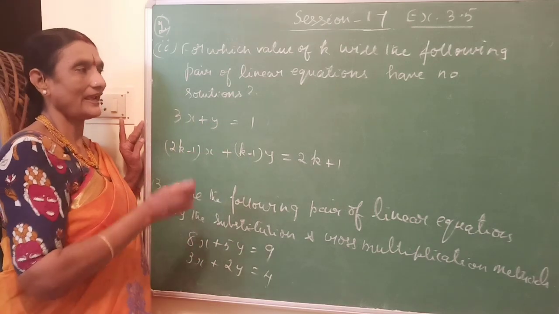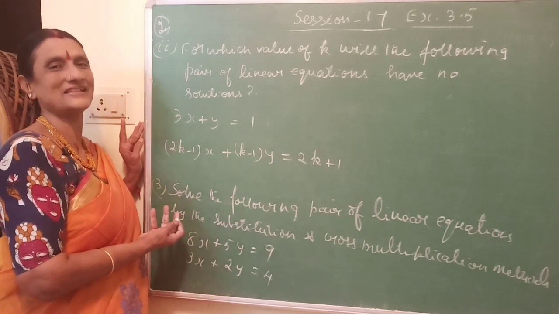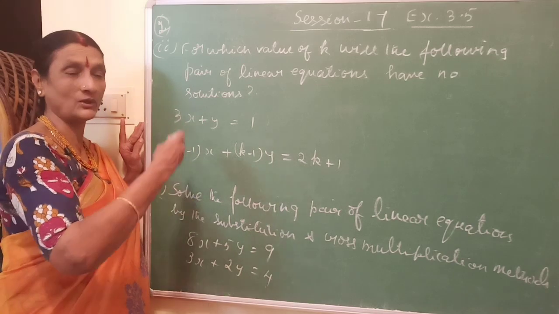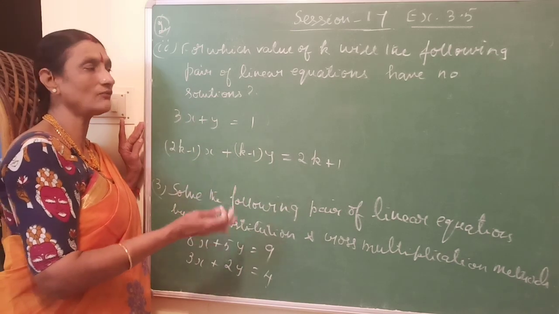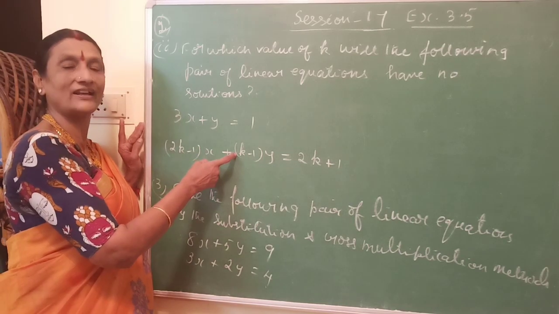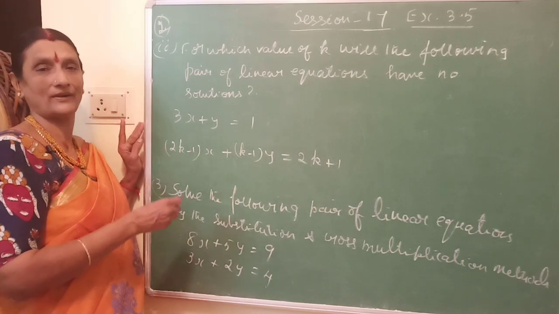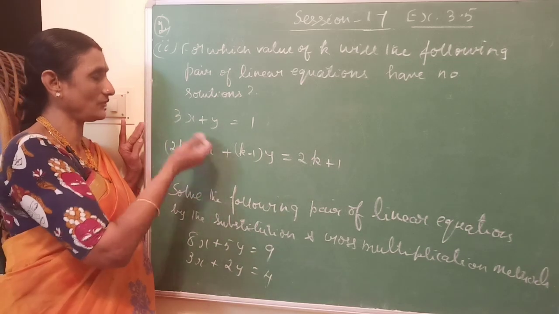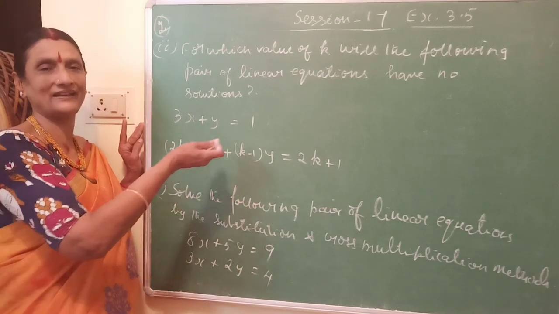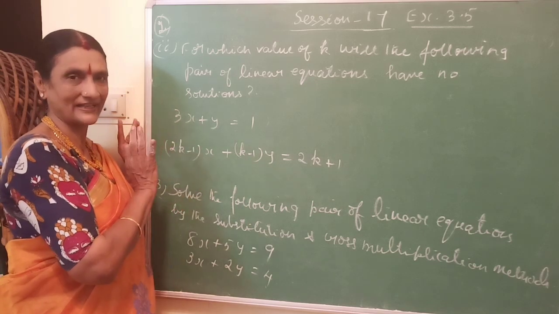That means a1 by a2 is equal to b1 by b2 but not equal to c1 by c2. That need not be equated. It is not equal. So whatever is available, you can equate, and here it is only one variable. So it is enough if you get only one equation, namely a1 by a2 and b1 by b2. If you equate by cross multiplication, we get a very simple equation, and then you can get the value of k. Correct? So that way we can solve the second question.